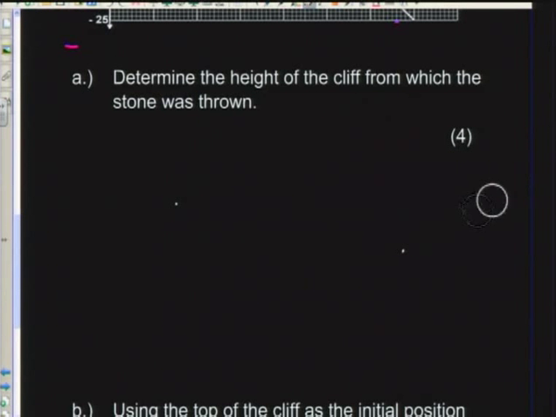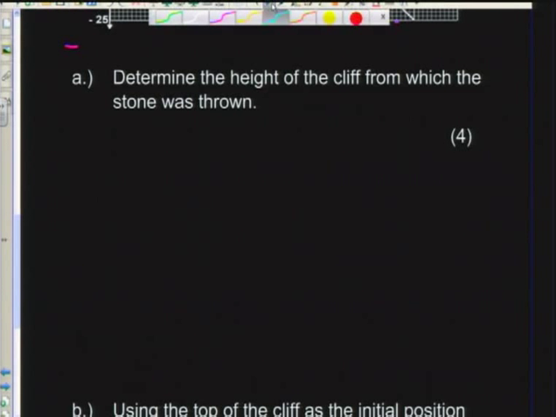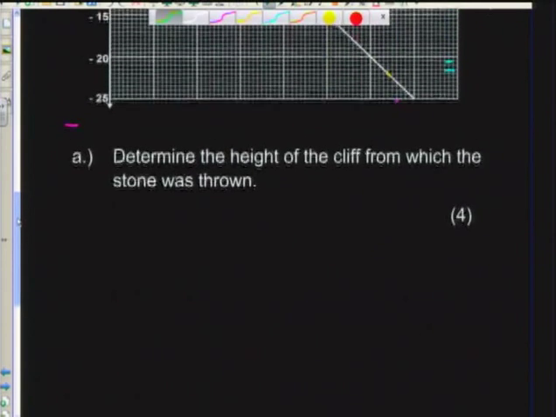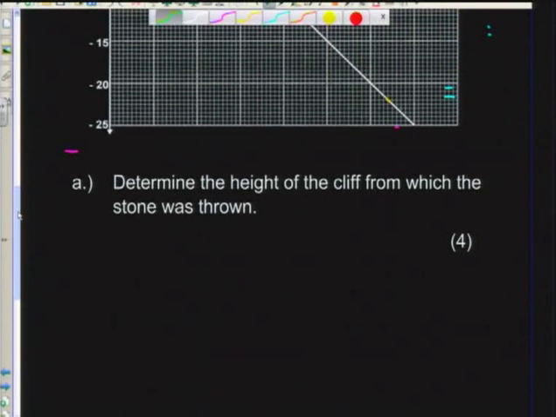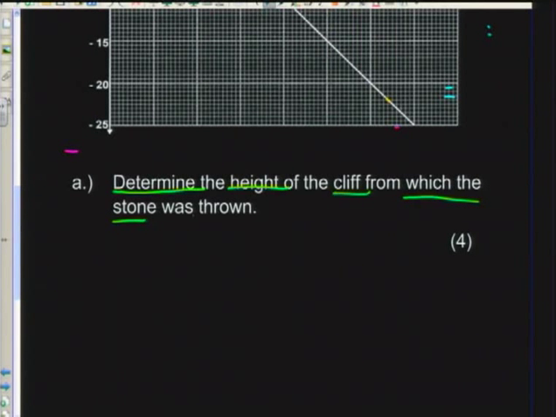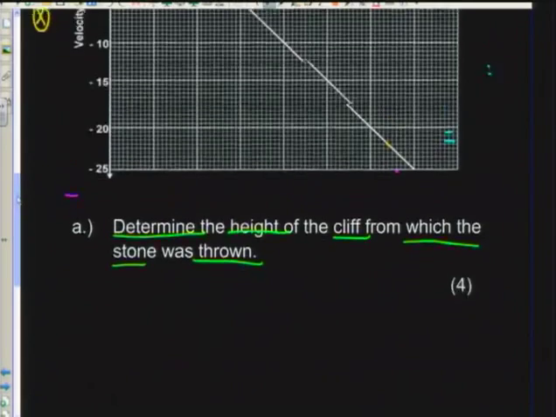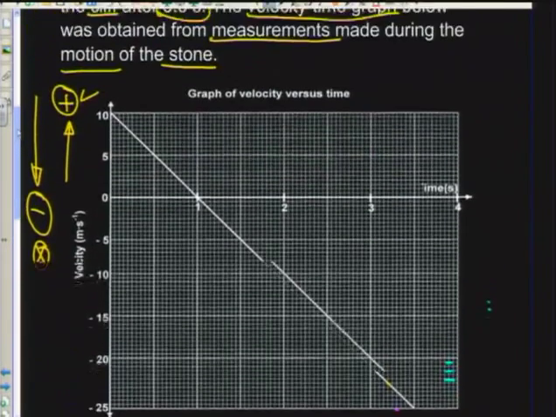In this case, we're talking about this stone that was thrown upwards by this boy. The question says determine the height of the cliff from which the stone was thrown. There is something tricky about this question that you need to understand.